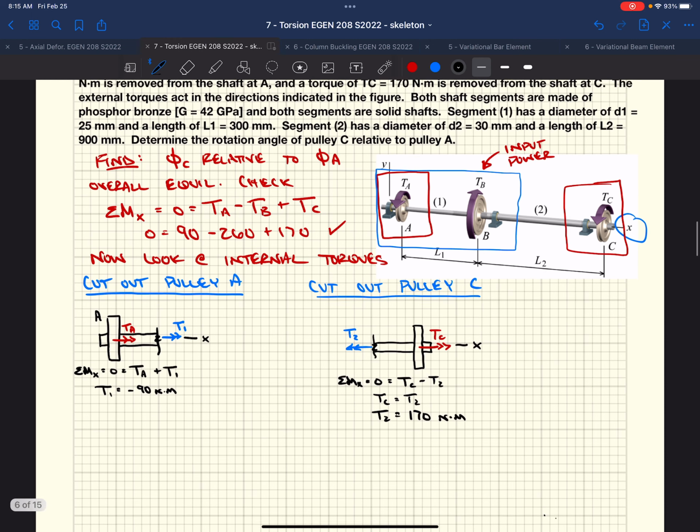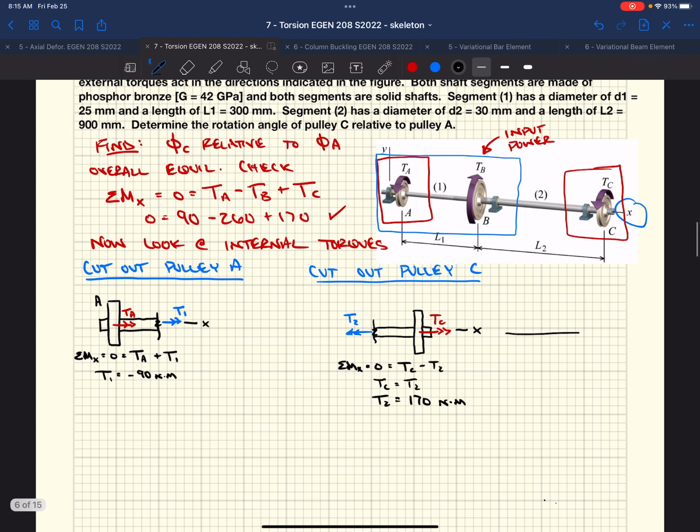So if we were to draw a diagram now of what's going on between A, B, and C of our torque, if you remember, the sign convention for torque was if this vector arrow is pointing away from the surface, then it's positive. If this vector arrow is pointing towards the surface, then it's negative. Okay?